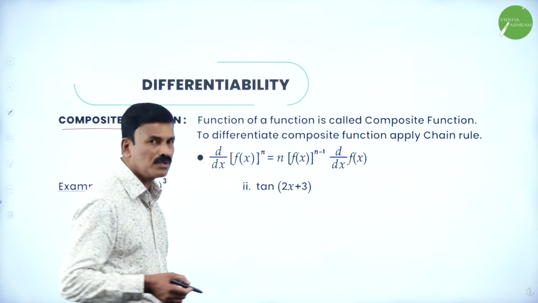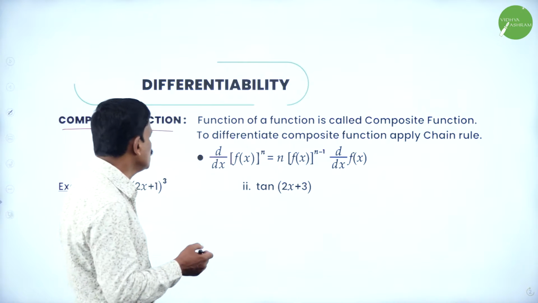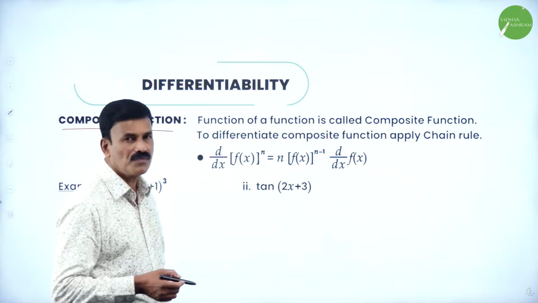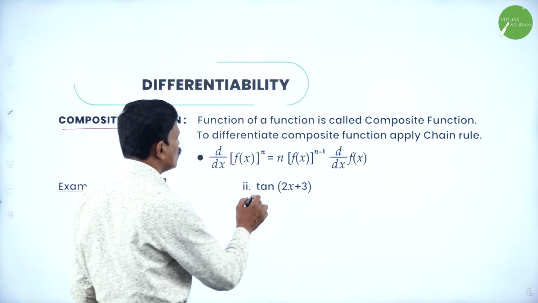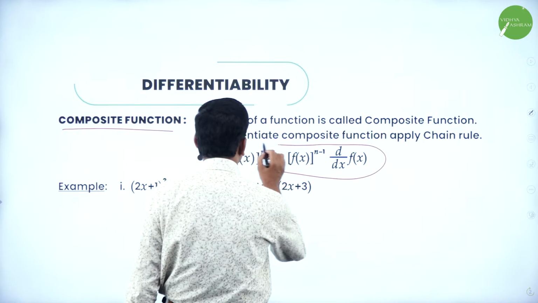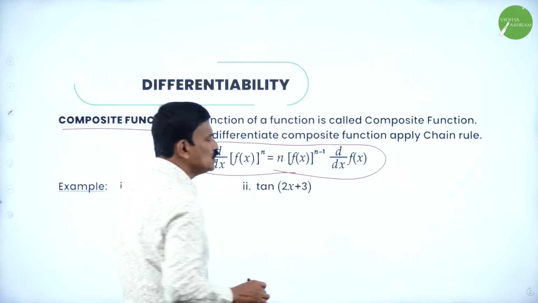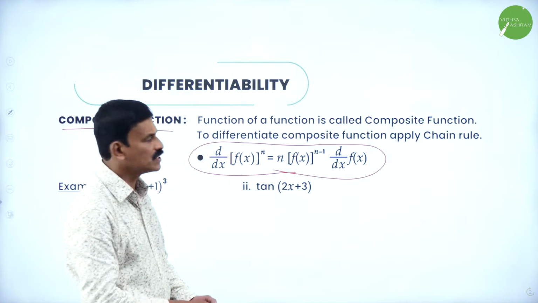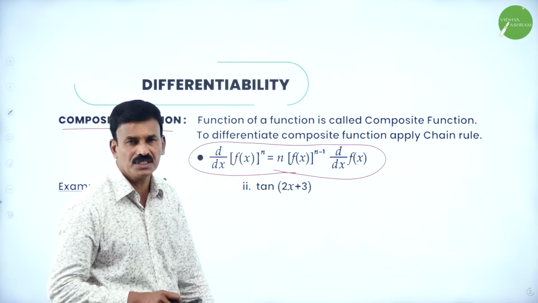Now, the general formula to differentiate a function is d by dx of f of x to the power of n is always equal to n into f of x to the power of n minus 1 into d by dx of that inside function. Just differentiate the function ordinarily.